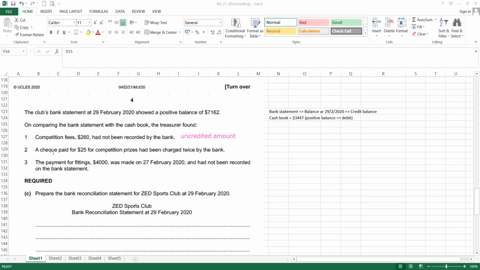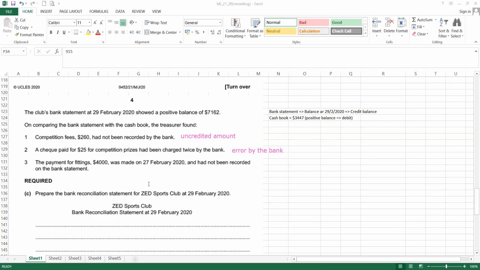Next. A check paid for 25 for competition price has been charged twice by the bank. This is an error by the bank. Okay, next. The payment for fitting 4,000 was made on 27 February and has not been recorded on the bank statement.